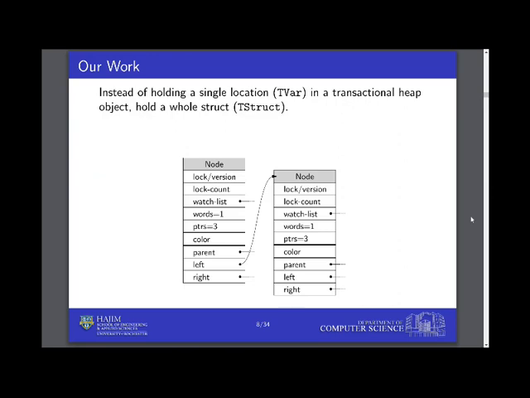And that's a choice that we want to explore in the future, the granularity of the metadata for the transactions. But notice we have word fields where that color is, one word, and then we have three pointer fields for the structure of the tree.